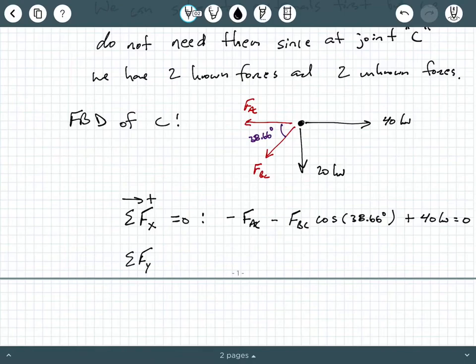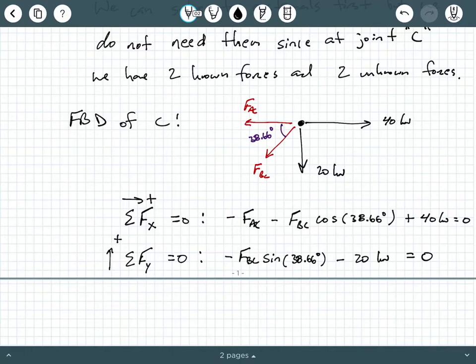So let's keep moving. Let's say the sum of the forces in the y direction equals 0. Based on our sign convention for directionality, we call up positive. So in this case, I'm going to have minus FBC times the sine of 38.66 degrees, and then minus 20 kilonewtons equals 0.